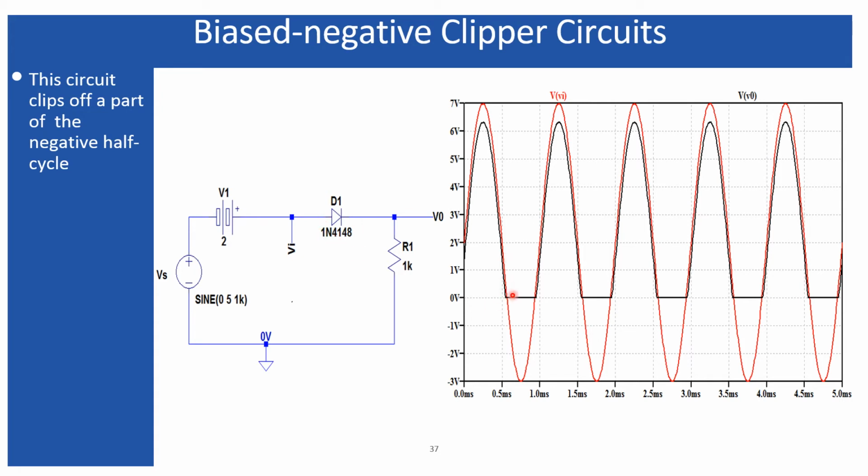So up to this voltage, it maintains the forward bias. But when Vs becomes less than plus 2 volt, that means it becomes minus 3 volt or less than that, the diode goes into the reverse bias region, and therefore it clips off that portion. It is clipping off only the 3 volt.